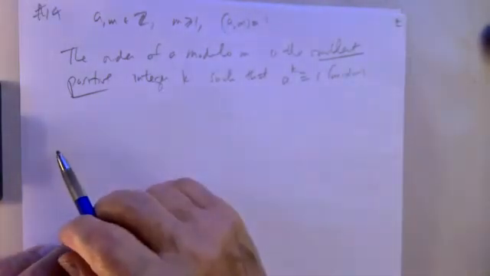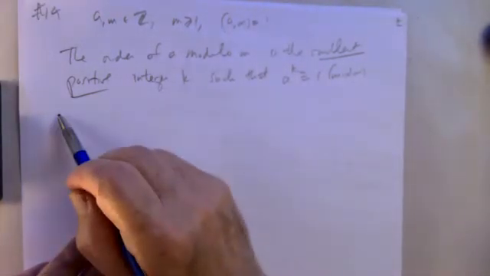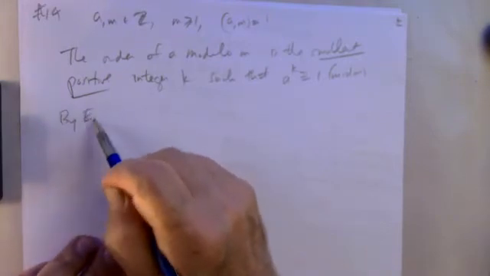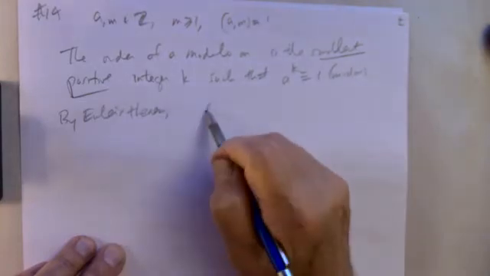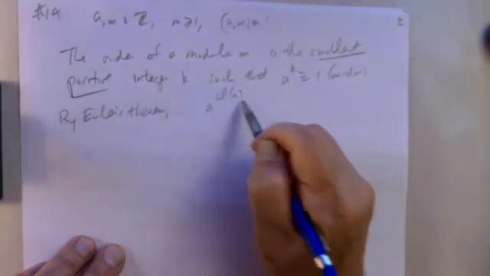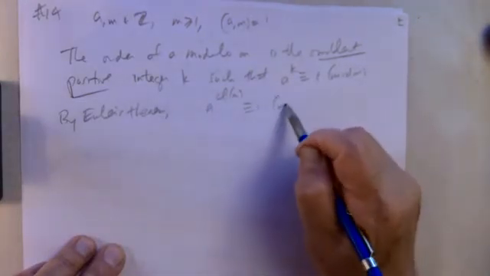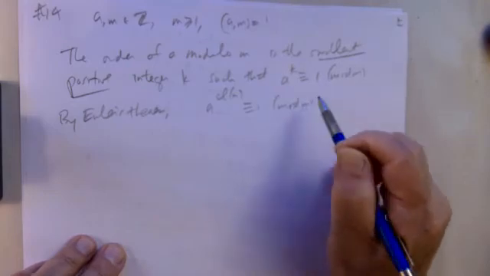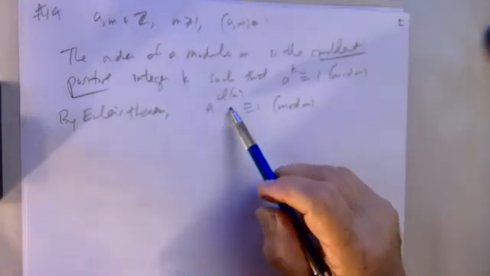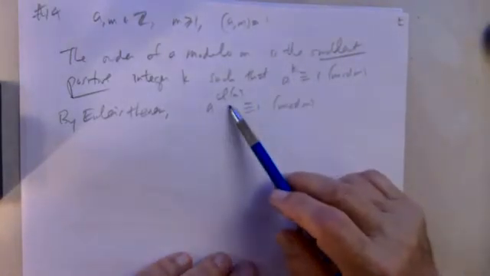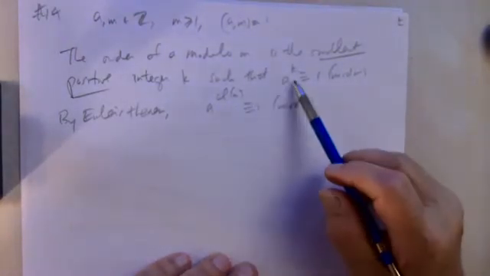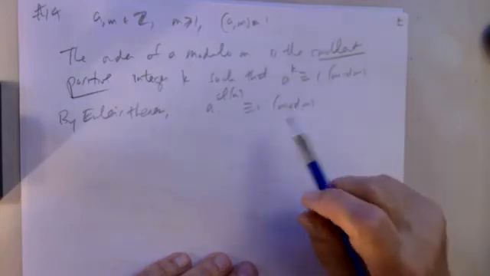You can't take 0 or negative numbers. And we know such a k exists because by Euler's theorem, a to the power phi of m is congruent to 1 mod m. And this is the Euler phi function. This is a positive integer. So there's some positive integer k with this property, and the smallest one is what is called the order.